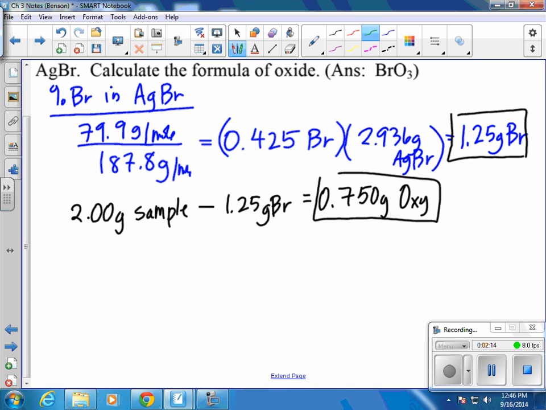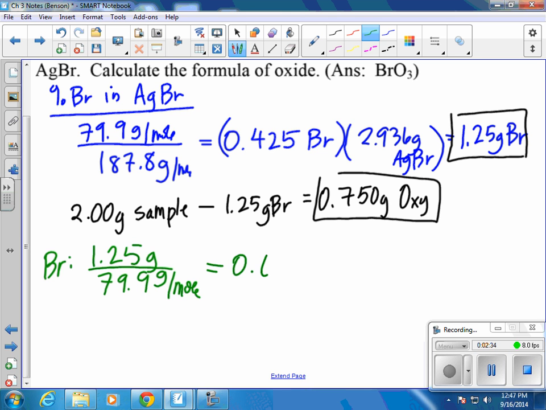There goes the bell. All right, so we're going to be doing the bromine ratio: 1.25 grams of bromine divided by its molar mass, which is 79.9 grams per mole. Now you can see that grams are going to cancel out. I am converting this to moles, for 0.0156 moles of bromine.